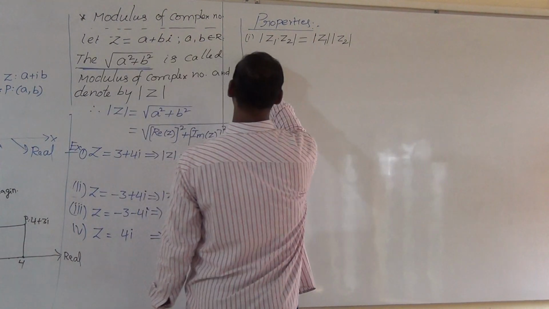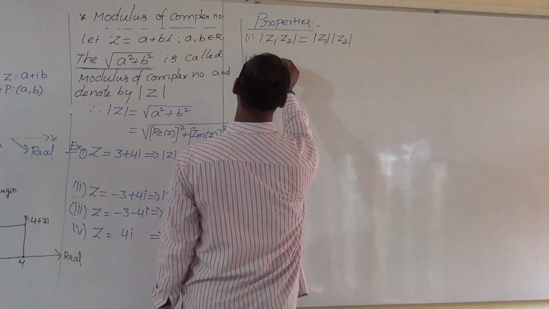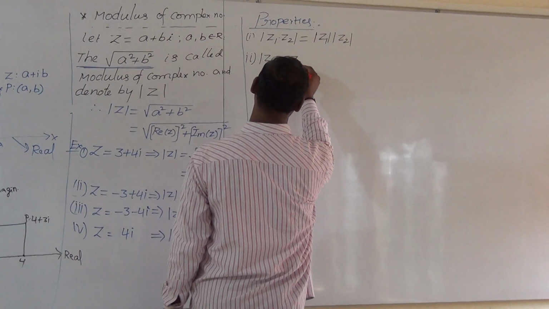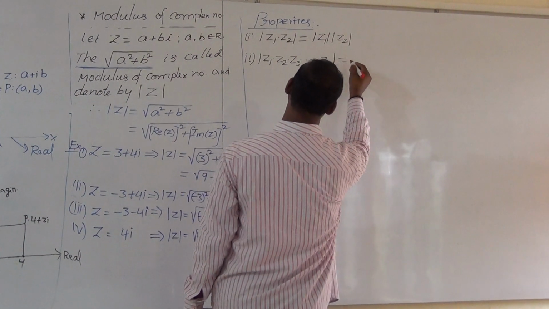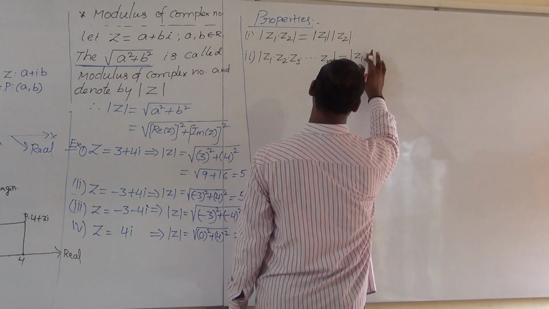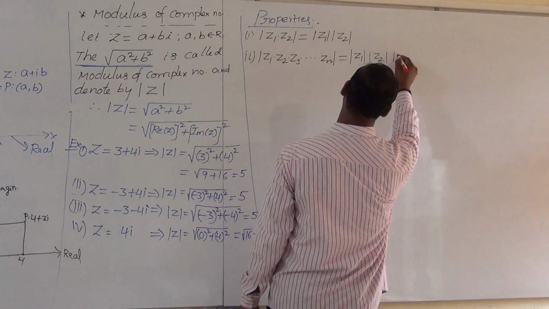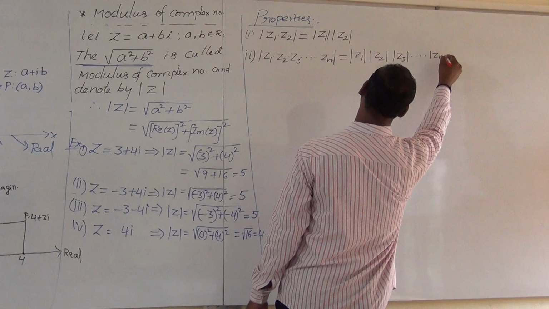If I take n numbers here, mod of z1 into z2 into z3 and so on up to zn is also equal to mod of z1 into mod of z2 into mod of z3 and so on up to mod of zn.